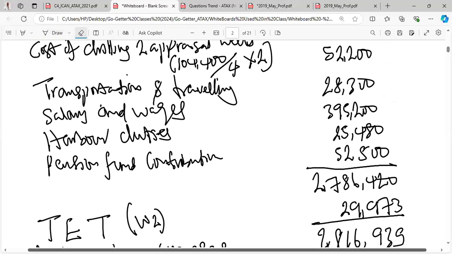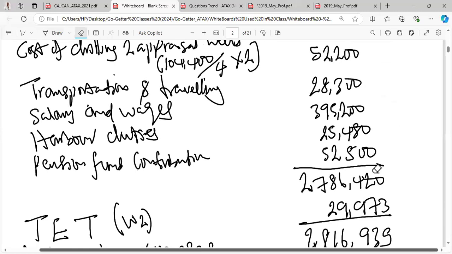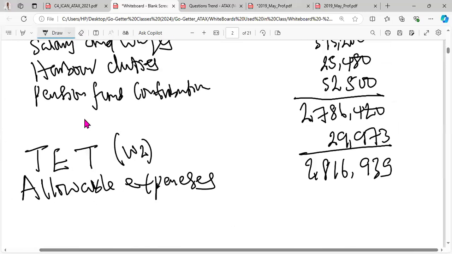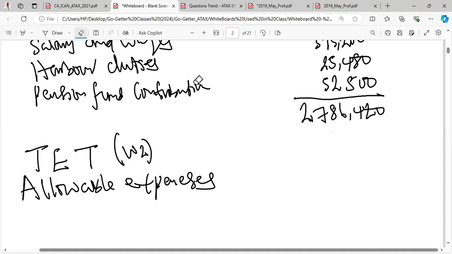This allowable expenses is supposed to be taken to this side. So I'll clean it up here. Let me write it well here. 29,973.